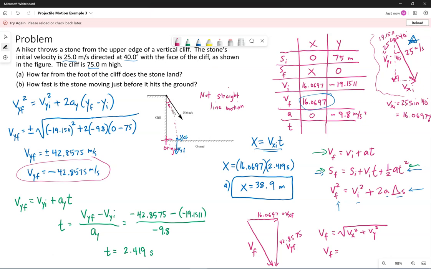So 3 sig figs, I'm getting 45.8 meters per second. So this is our answer to part B, how fast it's moving just before it hits the ground.